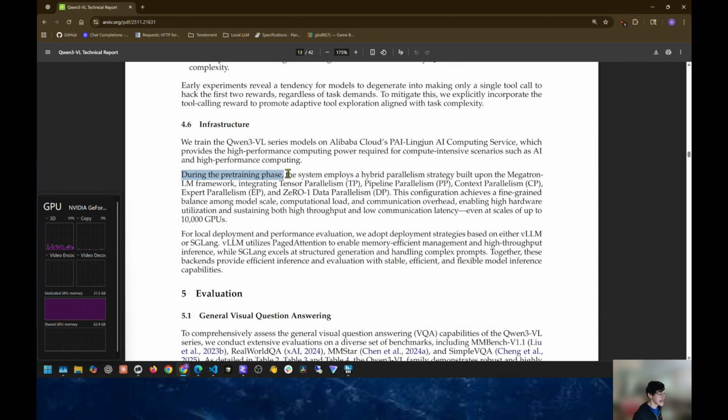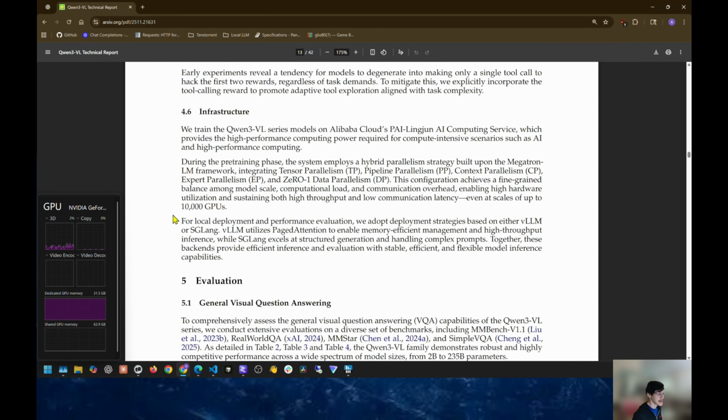During the pre-training phase, the system employs a hybrid parallelism strategy built upon the Megatron-LM framework, integrating tensor parallelism, pipeline parallelism (PP), context parallelism (CP), expert parallelism (EP), and ZeRO-1 data parallelism (DP). This configuration achieves a fine-grained balance among model scale, computational load, and communication overhead, enabling high hardware utilization and sustaining both high throughput and low communication latency, even at scales of up to 10,000 GPUs.